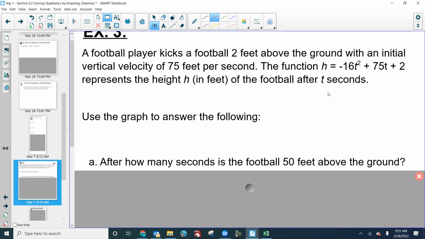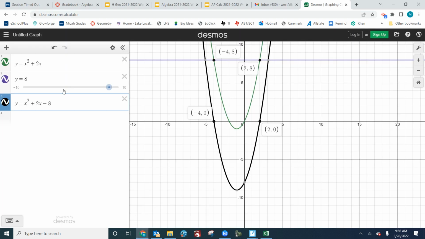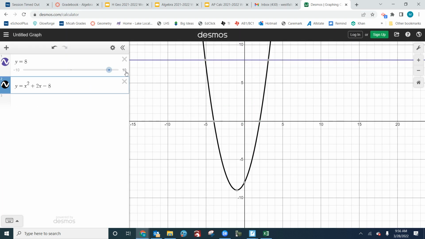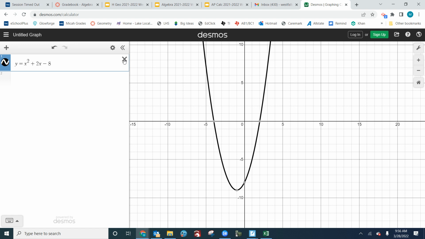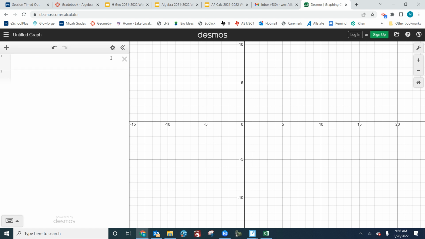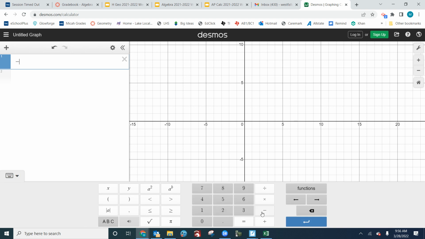Let's go -16. And guys, you could put x instead of t. You know what I'm saying? That's fine. You don't have to have t. Plus.